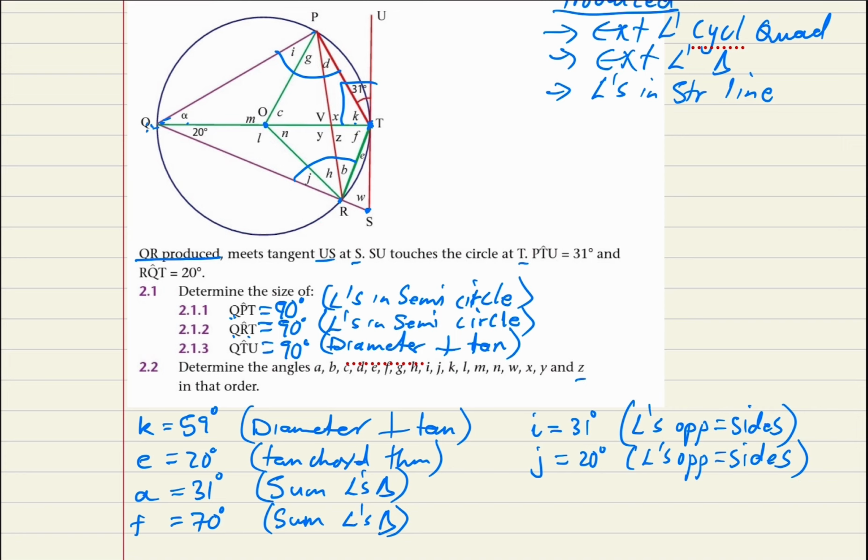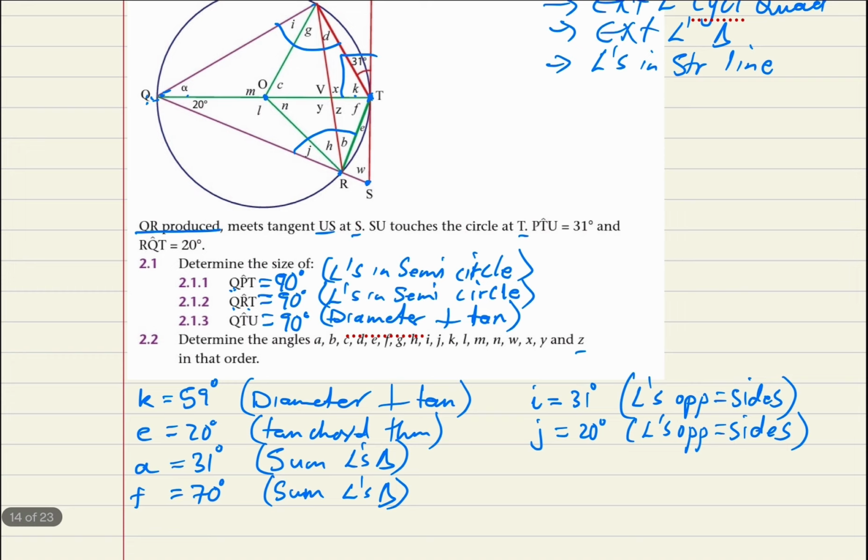Okay, then we continue and find M and L. M is equal to 180 degrees minus 31 minus 31, which is 118 degrees. Why? It's because of the sum of angles in a triangle. We continue and find L. L is equal to also 180 minus 20 minus 20, right? which is equal to 140 degrees.